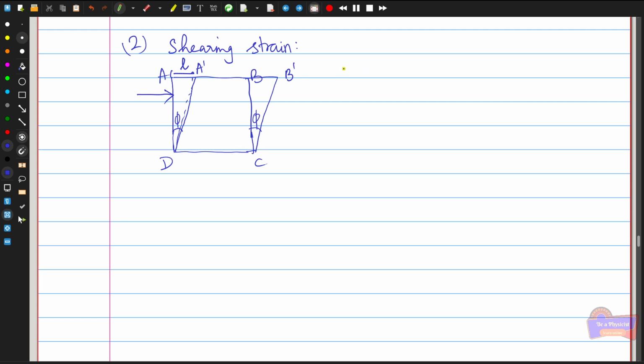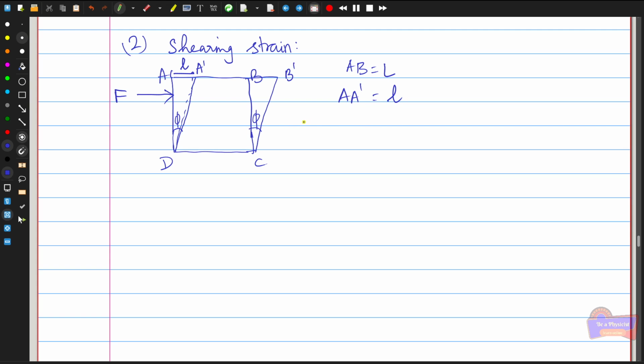The tangential force F is applied along the direction of the square's side. Each and every side, AB, AD, AC, DC, BC, has the uniform length L, and the displacement A prime, that is the change in length, is taken as small l.